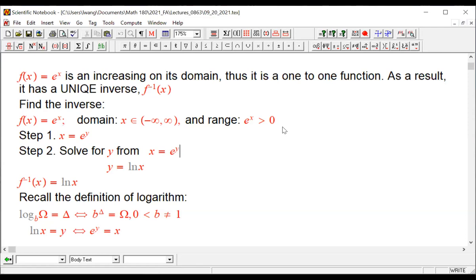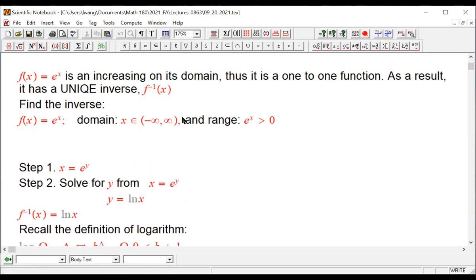right? Your reader will be very confused. That's what I'm saying. Your reader will be very confused because if you say here f of x, you already set up your context, okay? You have your f of x equals e to the x, this is the rule of the function, and you use x as input, and then you tell the reader the range is x is larger than 0.